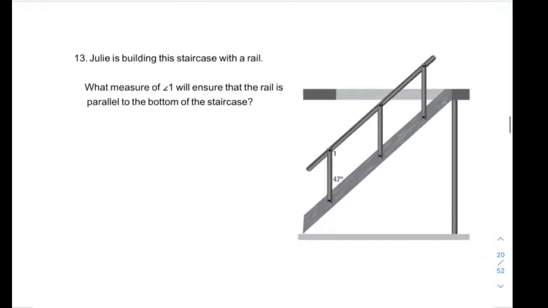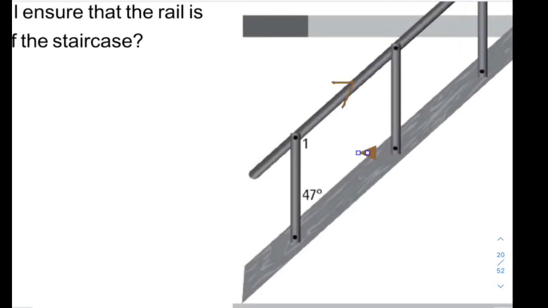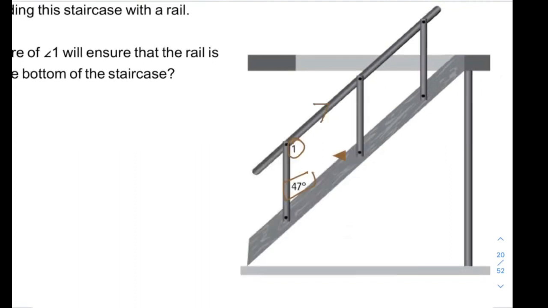Julie is building this staircase with the rail. What measure of angle 1 will ensure that the rail is parallel to the bottom of the staircase? Now, if we want this side to be parallel to this side, then the sum of those angles should be 180, because they are consecutive interior angles, or same side interior angles, in other words.